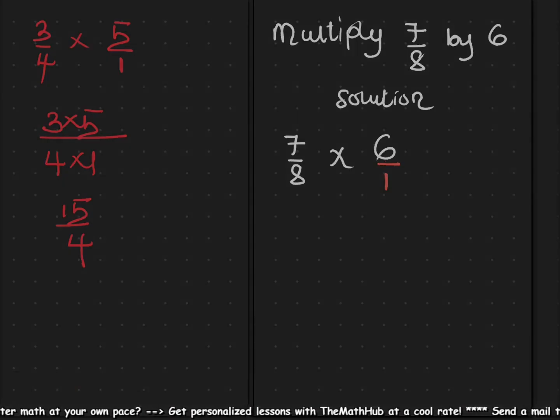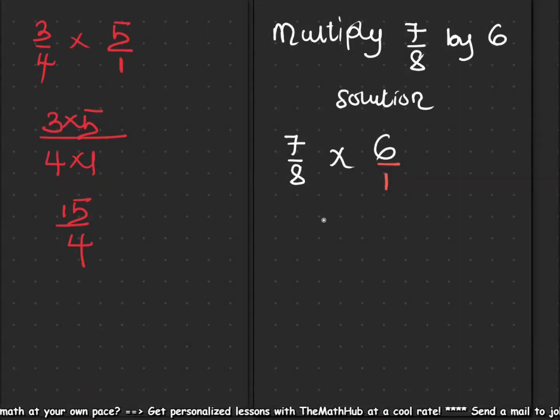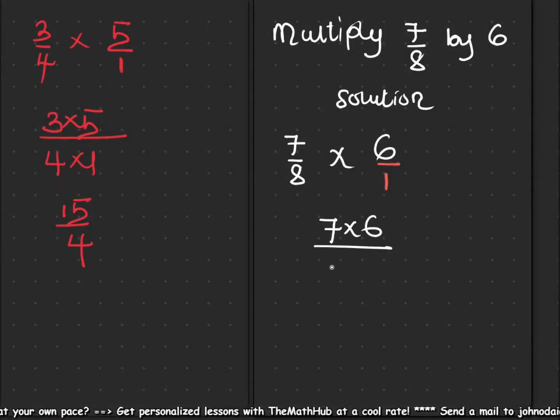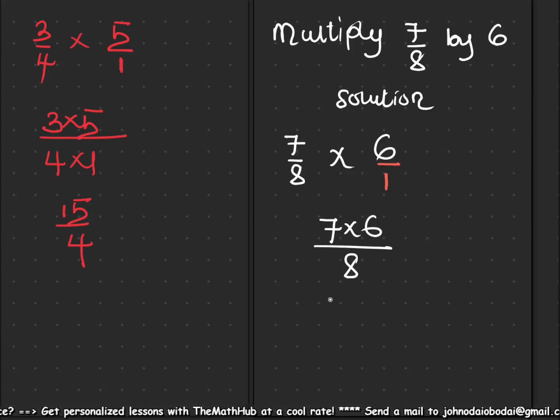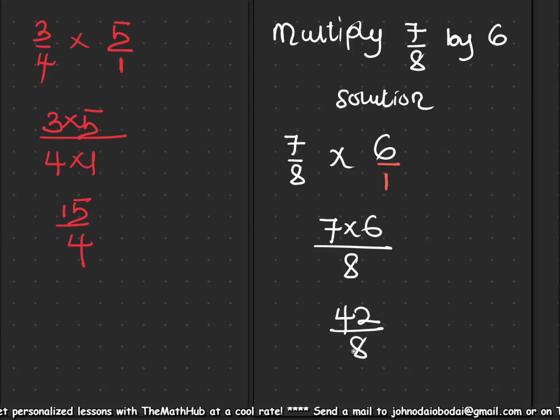Then doing our multiplication, we have 7 times 6 all over 8 times 1. We know 8 times 1 will still give us the same answer, so all over 8. Then 7 times 6 gives us 42. So we have 42 over 8. As simple as that. You can change this into a mixed fraction as well.